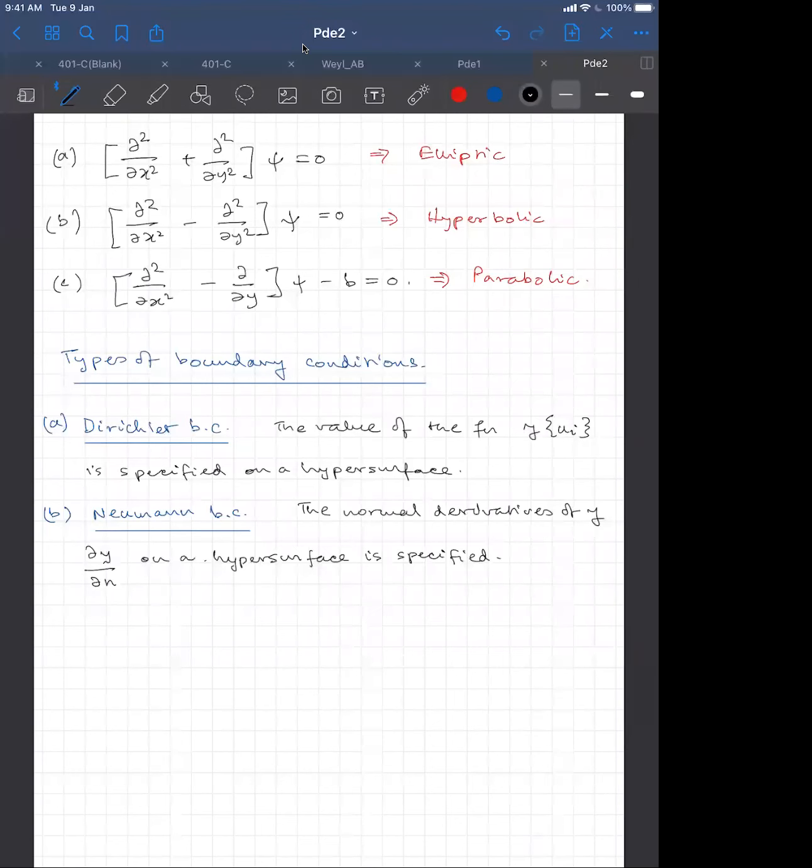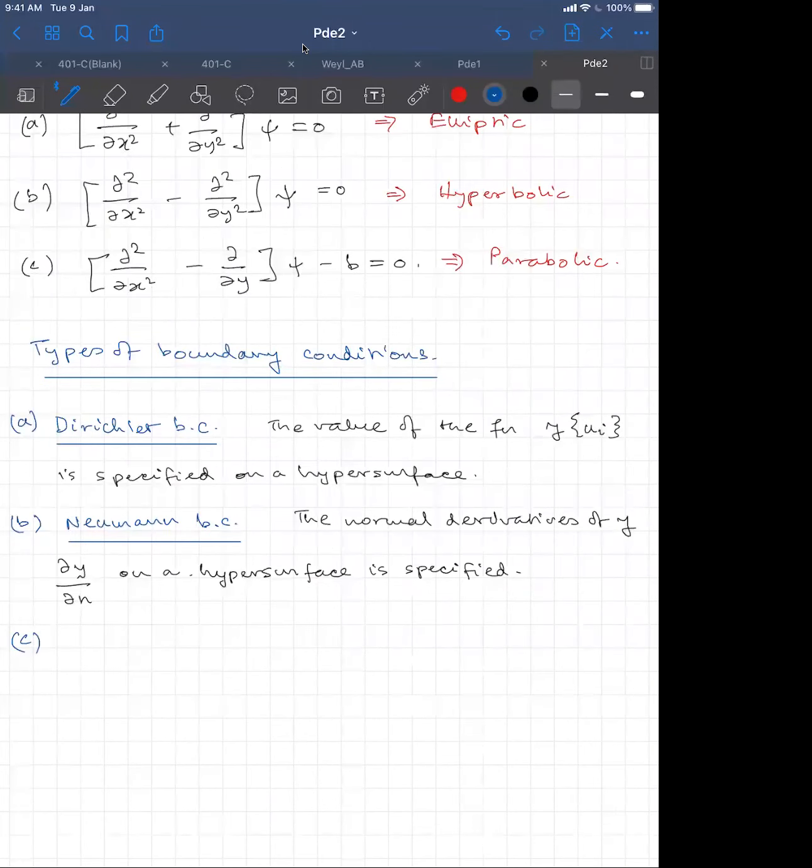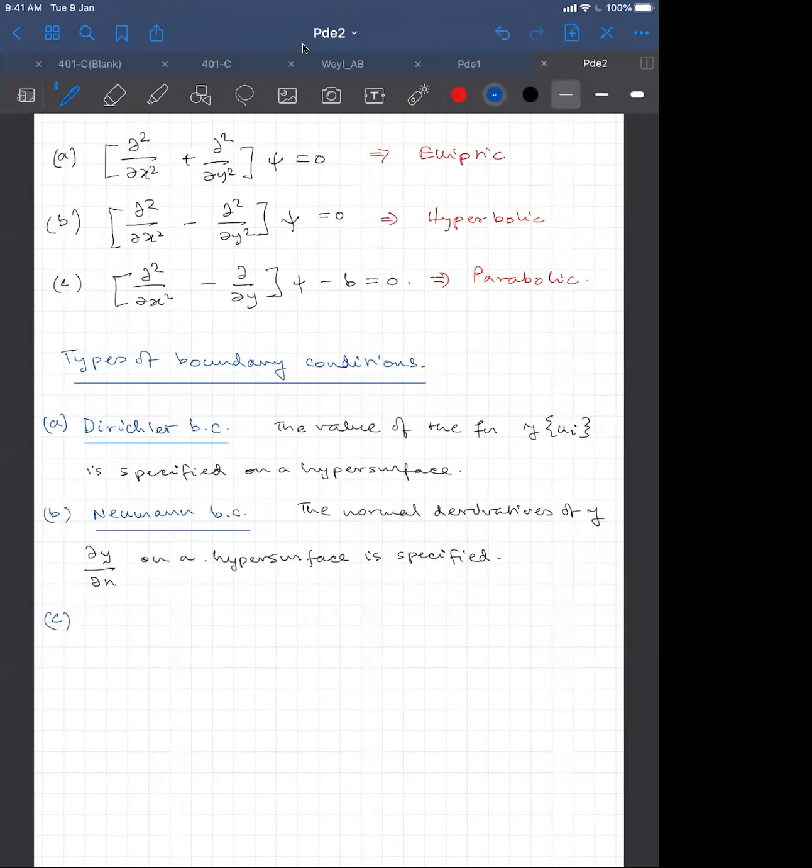Now, there are other things. We can mix things up. So, mixed boundary conditions.